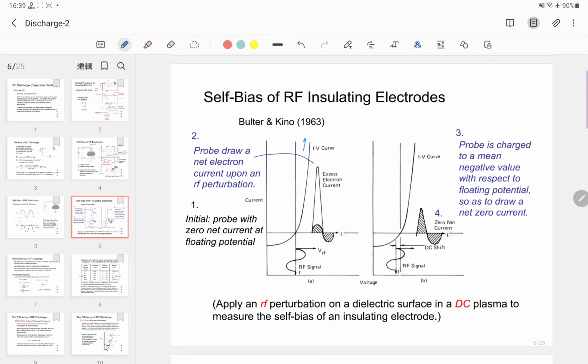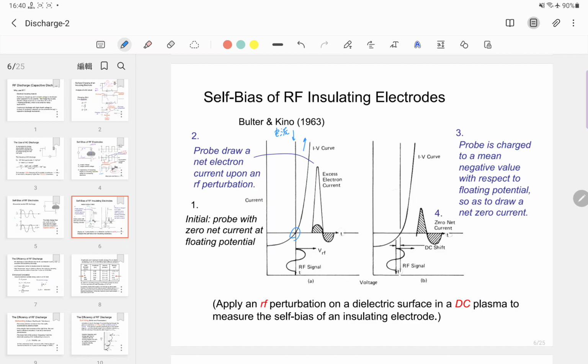It means the probe is at floating potential, because the current flowing through the probe equals 0 amp. At the first step, you can set up your system so that the probe current is 0 amp, meaning it is at floating condition, floating potential.